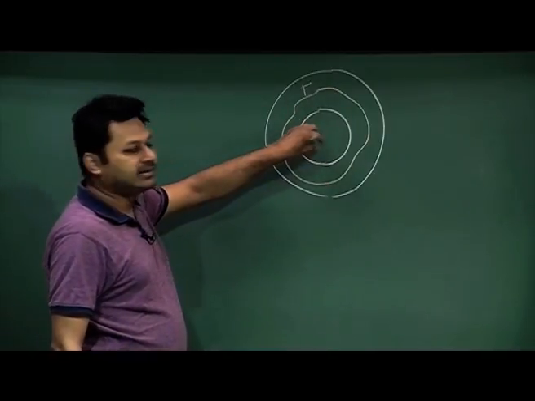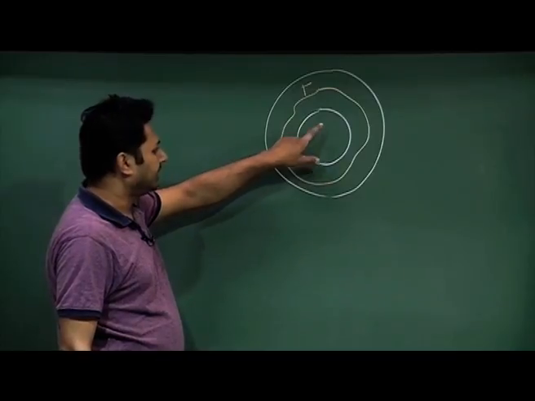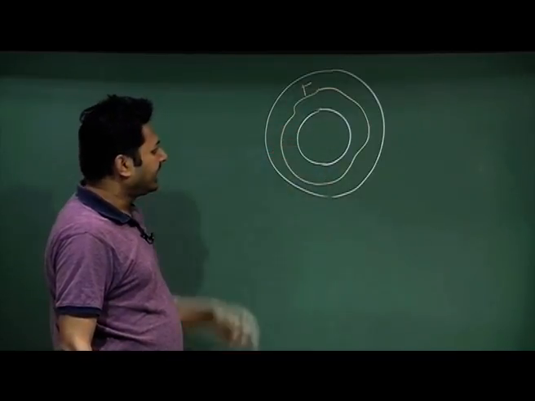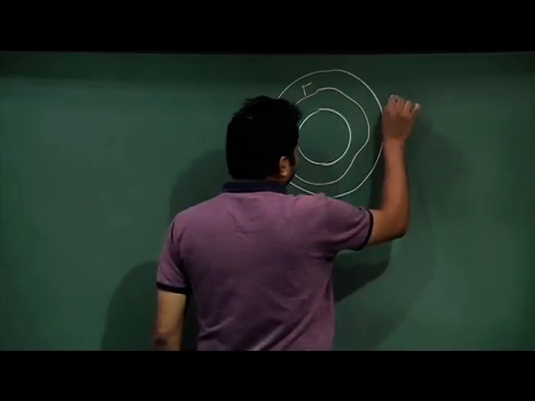So, I need to go outside the region, then only I can do that. If this is the case, then this kind of region is called a multiply connected region.